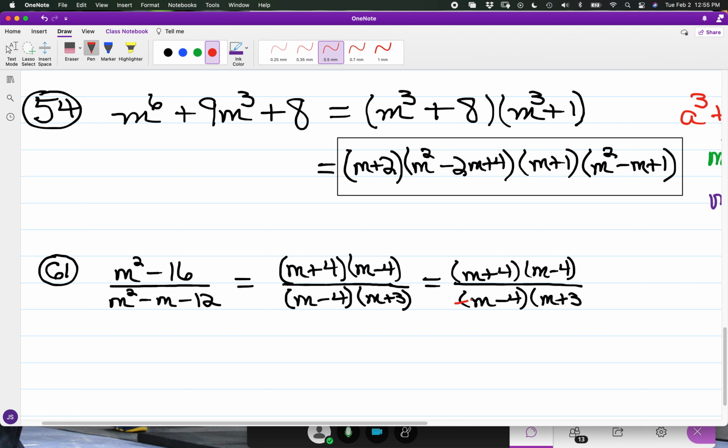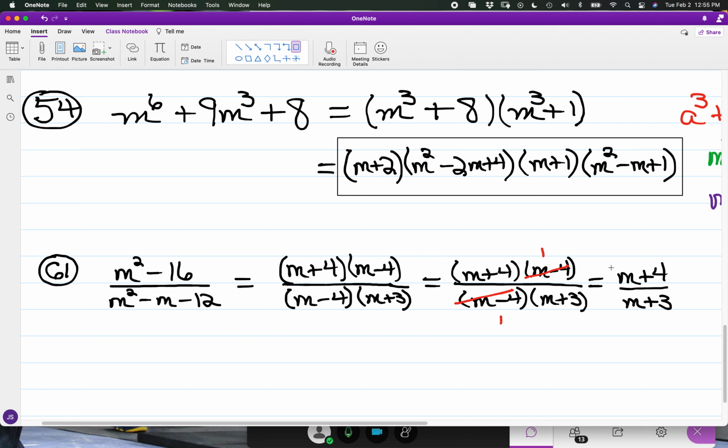So we have a set of m minus 4 terms to go out. For the simplified result here, we have m plus 4 all over m plus 3. So that is the simplified ratio.